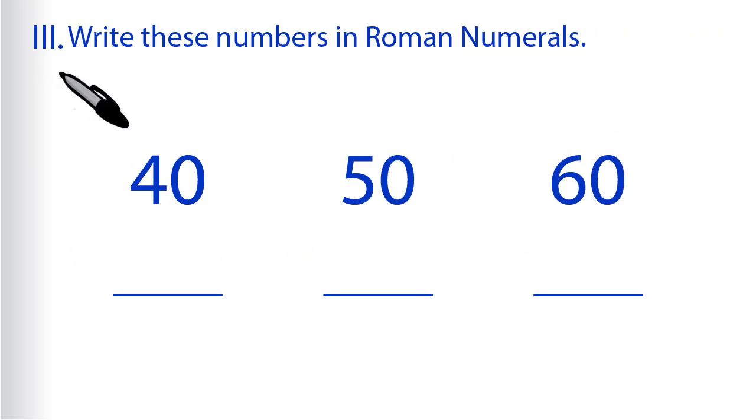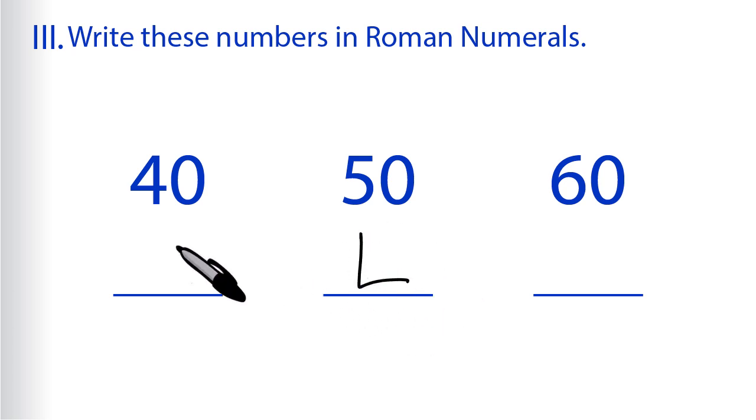For problem III, we have: write these numbers in Roman numerals, and we have 40, 50, and 60. So this is very similar to the previous problem because for the value 50, there's a symbol that represents it exactly, and that symbol is L. So we just need the simple symbol L for 50. And then just like with 4 and 6, with 40 and 60, we want to subtract or add from the L, from the 50.